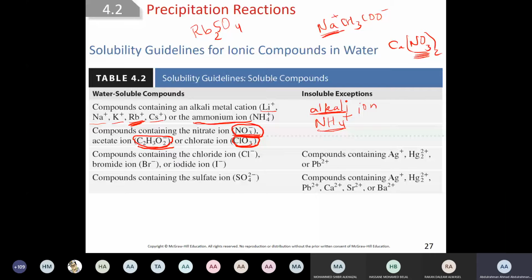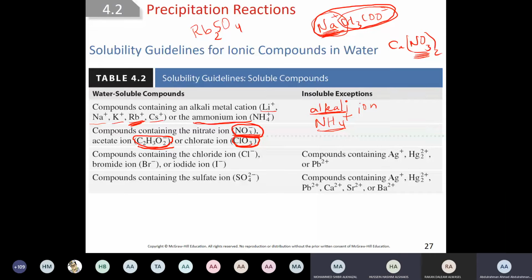Good example. For example, we said sodium acetate. Is it going to dissolve in water? Yes. Why? Because it contains acetate ion. It contains sodium plus and acetate, all soluble in water.